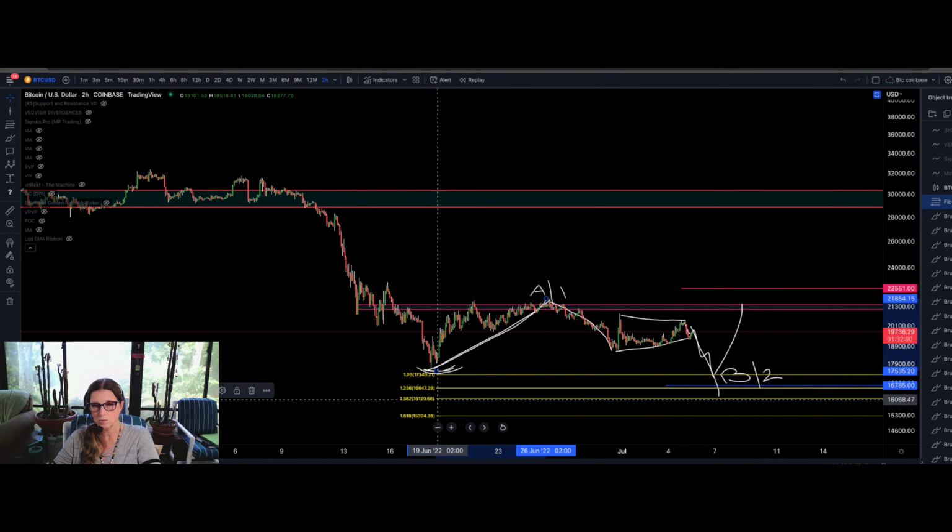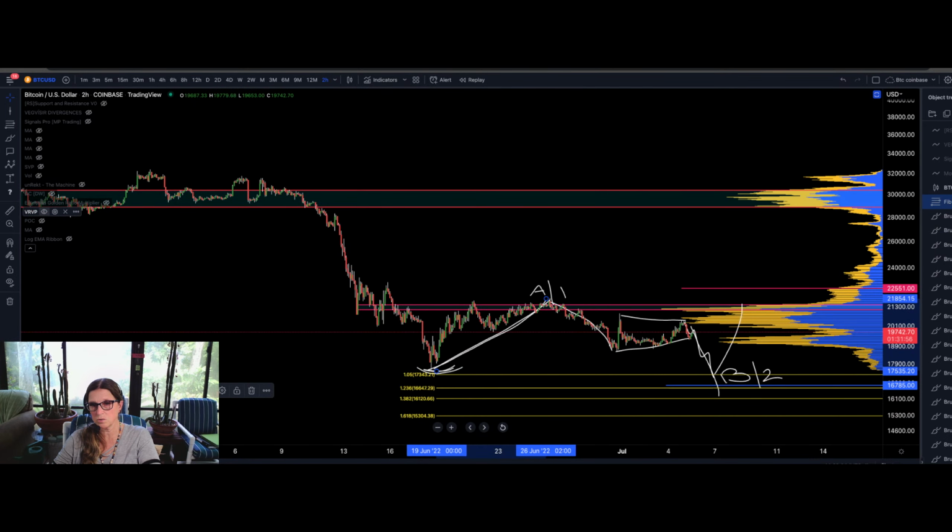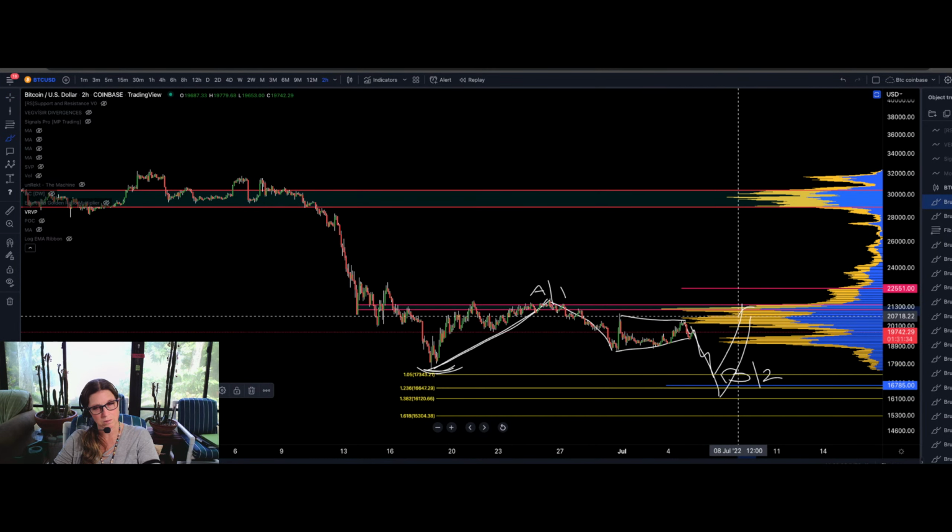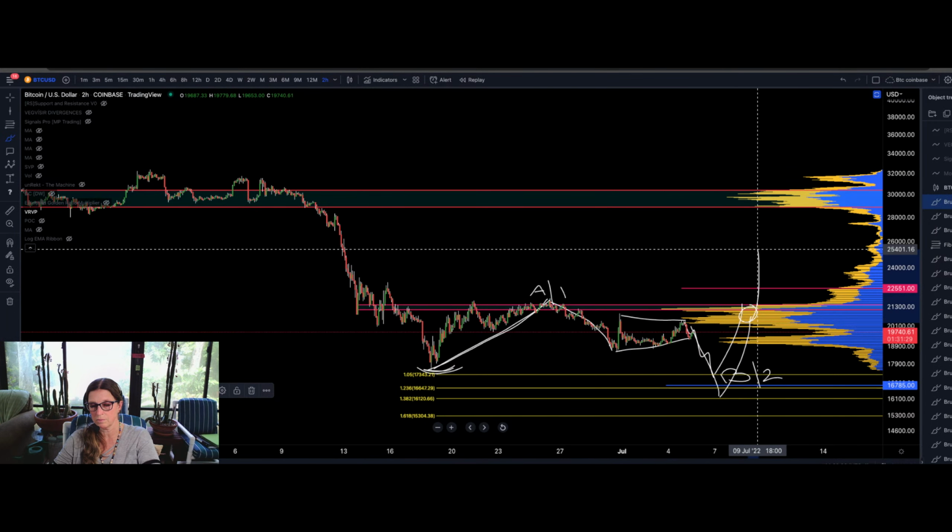Now I feel that if we get underneath the 1.236, where this 300 weekly is, this blue line, if we can hold above it, even though we break the low, there's a possibility that we can create a C back to the upside. Probably won't get through here, but maybe there's a miracle that it does, and it could go up to here.